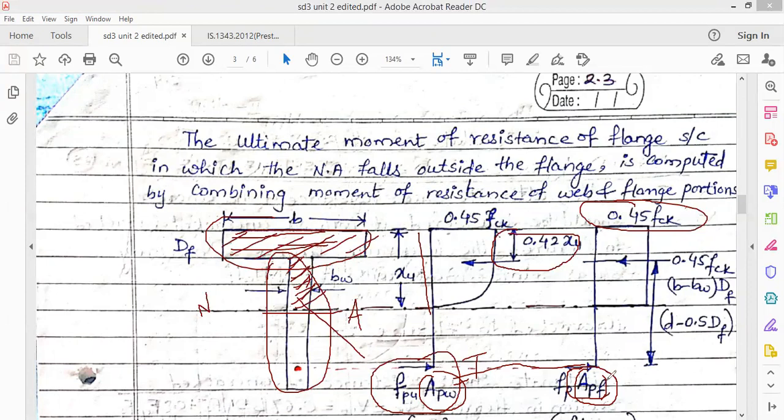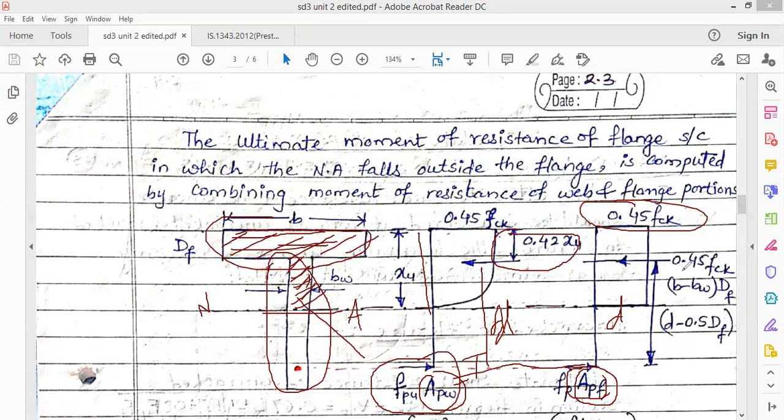Now again, same as earlier, we will be calculating the lever arm distance. In the earlier case the lever arm distance was from here to here, so it is D minus 0.42 XU, right? This is the lever arm. But here, the lever arm for the flange section will be D minus 0.5 DF, from here to here.